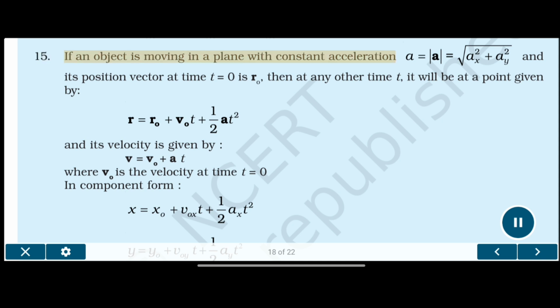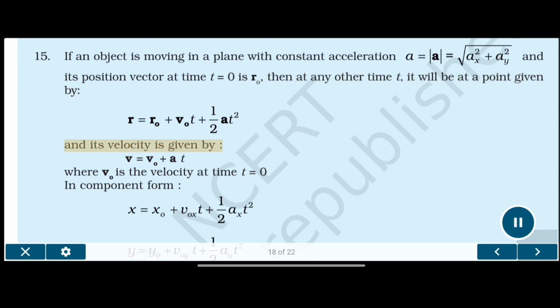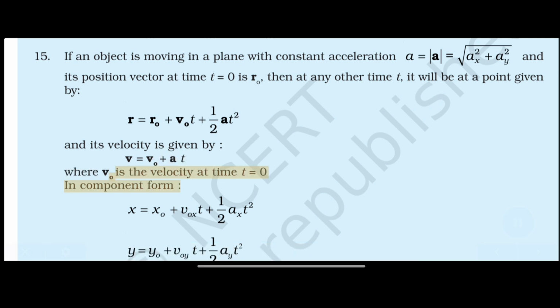15. If an object is moving in a plane with constant acceleration and its position vector at time t equals 0 is r0, then at any other time t, it will be at a point given by r equals r0 plus v0 t plus one half a t squared, and its velocity is given by v equals v0 plus a t, where v0 is the velocity at time t equals 0, in component form.